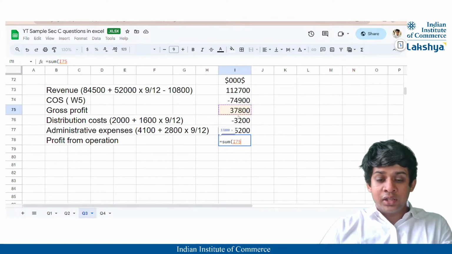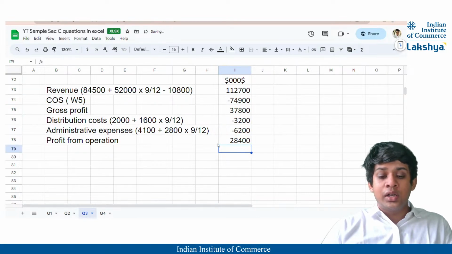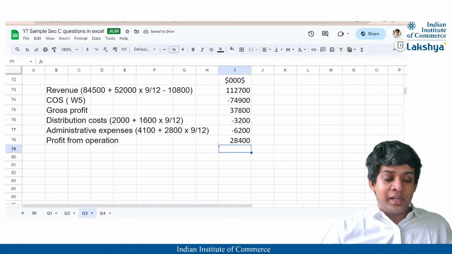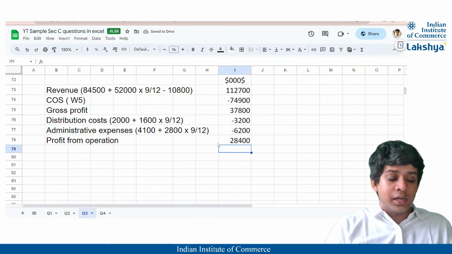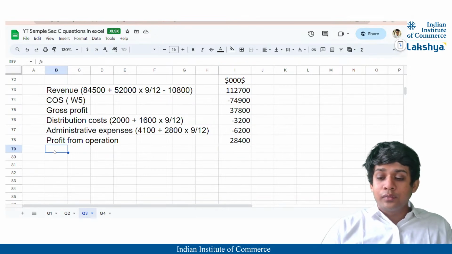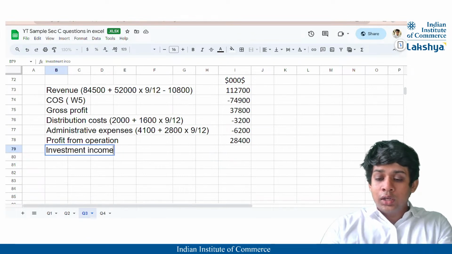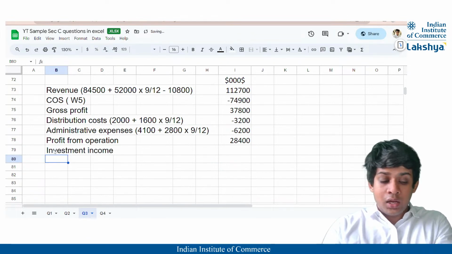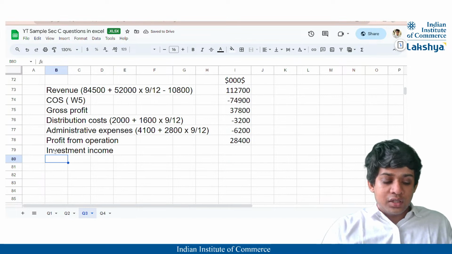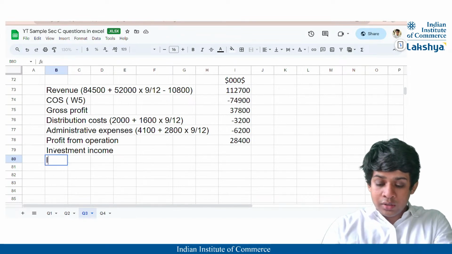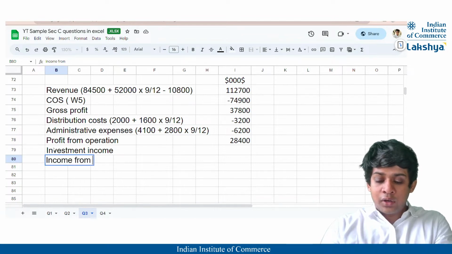is nothing but 37,800 minus 3,200 minus 6,200. That is going to be nothing but 28,400. Correct, guys? Now we have our investment income, right? And below that will also be stated something which is known as income from associate, whatever income we generate from associate.